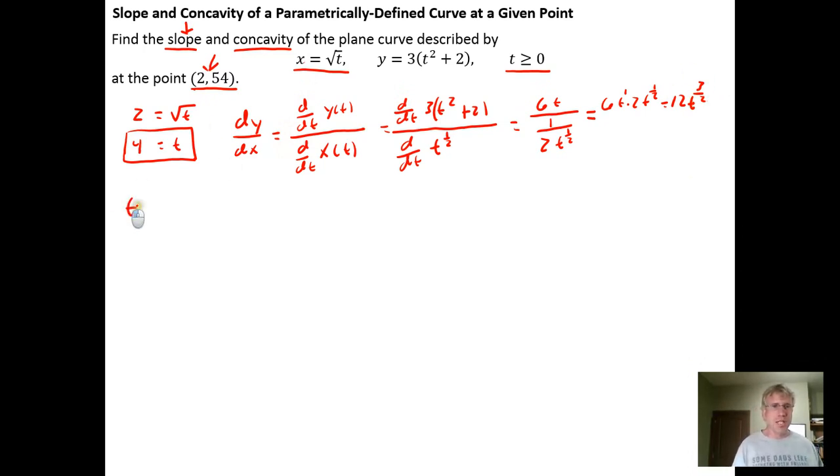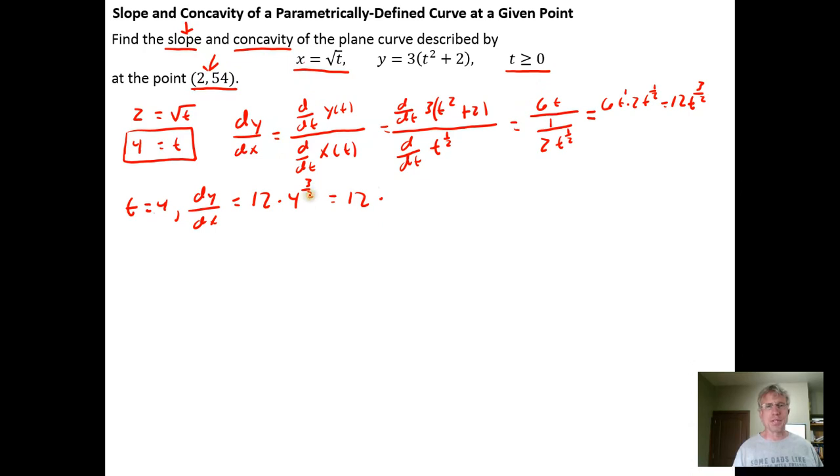So when t equals 4, dy/dx, because t equal to 4 corresponds to the point at which we want to know the slope of the line. So dy/dx is going to equal 12 times 4 to the 3/2, replacing t with 4.